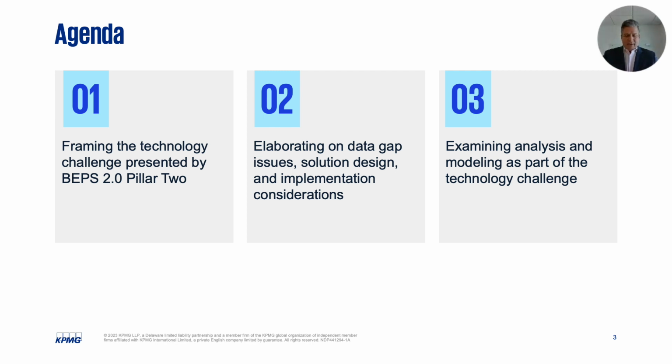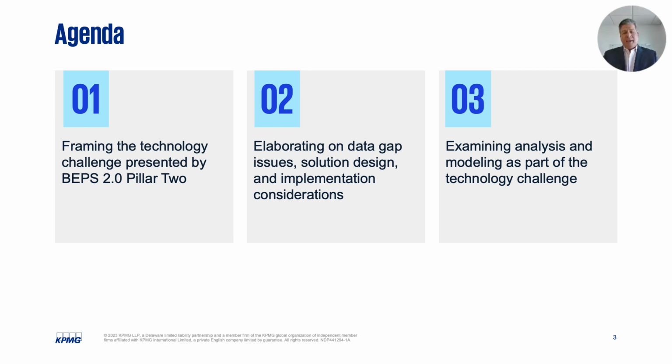What I'd like to do right now is, in effect, go through a quick overview of the agenda and highlight the challenges that are there in regards to data identification and gathering, framing the technology challenge presented by BEPS 2.0, Pillar 2, elaborating on the data gap issues, solution design, and implementation considerations, and examining the analysis modeling as part of the technology challenge.